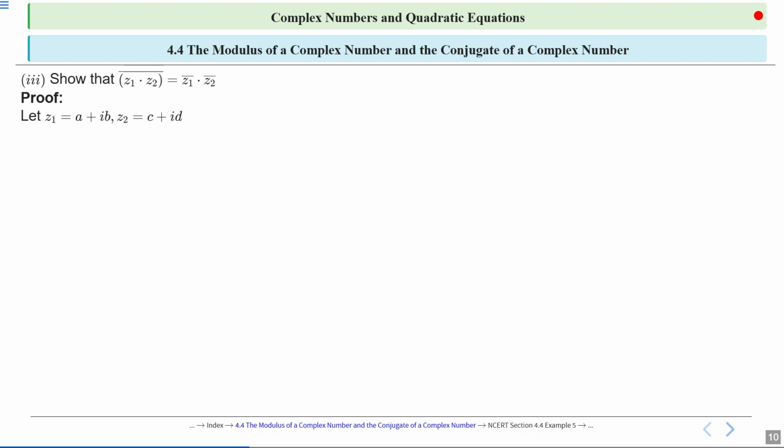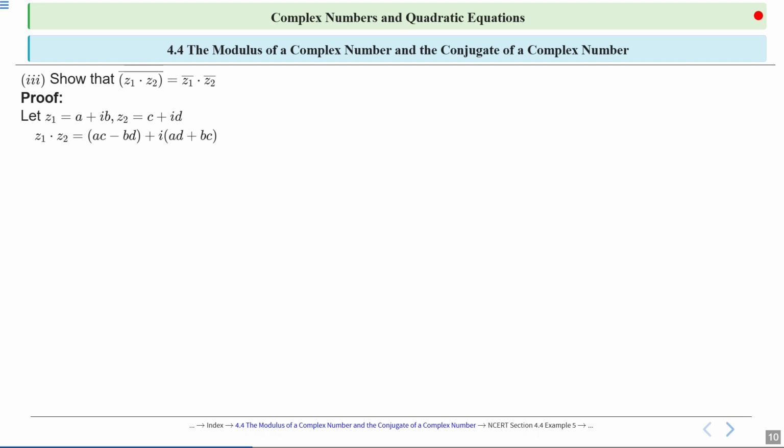Let Z1 equals A plus iota times B and Z2 equals C plus iota times D, where A, B, C and D are all real numbers. And here iota is the imaginary unit, which means iota square equals -1. Now let's multiply Z1 and Z2.